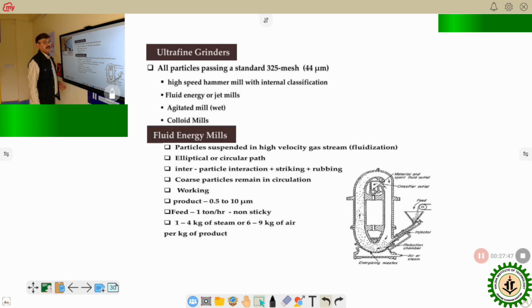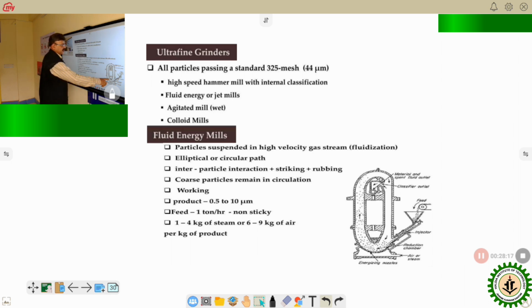And the ultrafine grinder, where we need very fine particles, very fine material. This is called the ultrafine grinder, where there is a closed tubular system and very high speed air or gas. With the high speed blow of air or gas, the material will be traveling through the angular tube.